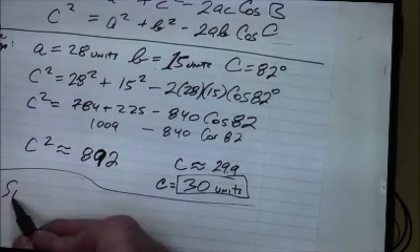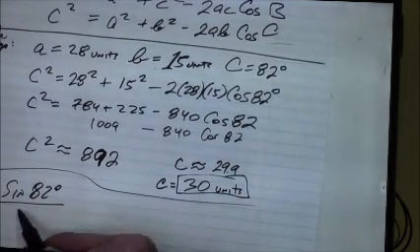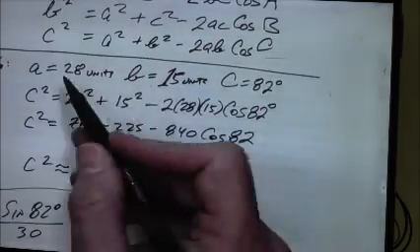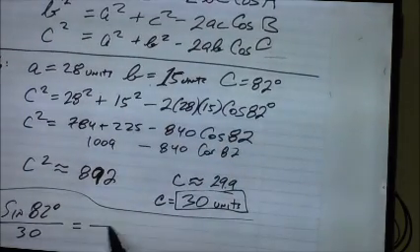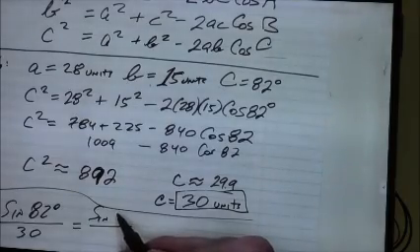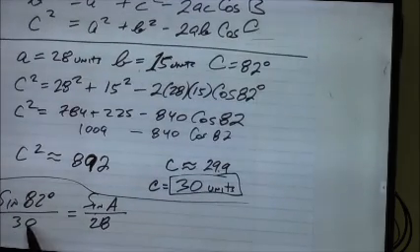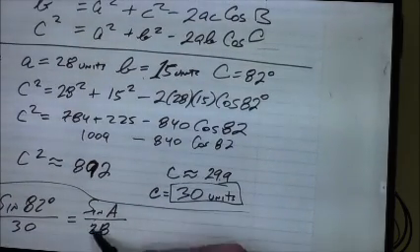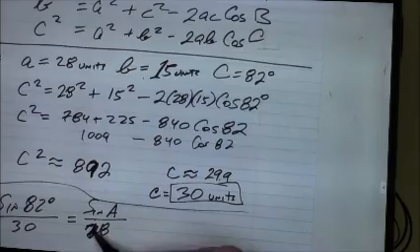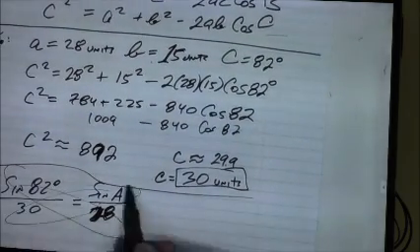Sine of 82 degrees over 30 is equal to sine of A over 28. Oh, I put 28 and I'm supposed to put, yeah, no, it is 28. Second guessing myself. So now we'll cross multiply, okay?